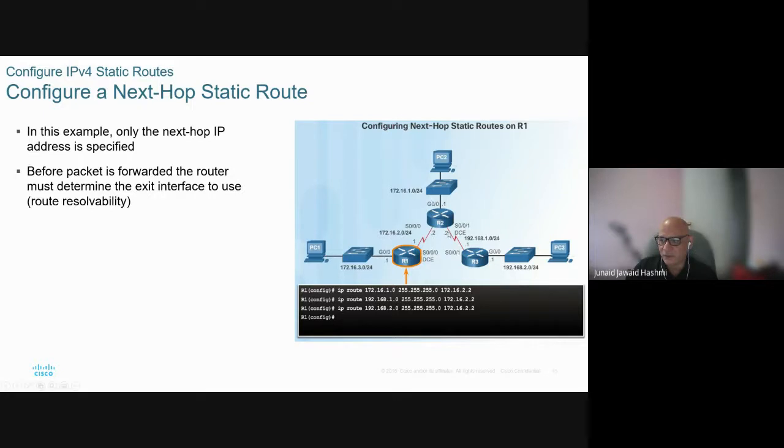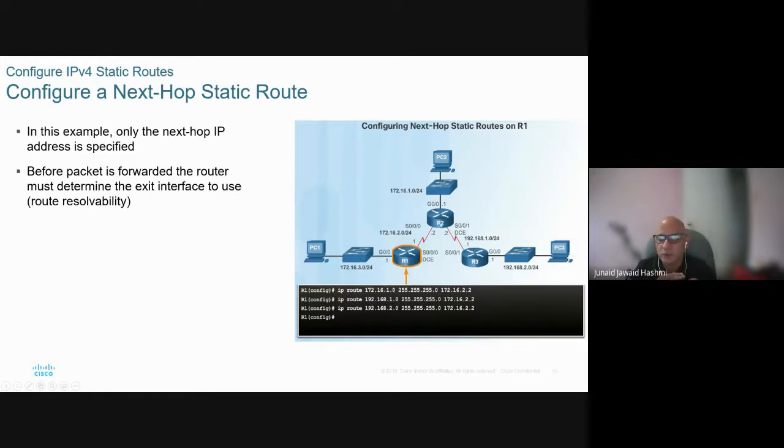interface. So R1 is connected to S000 on R2. And what is the IP address of R2's S000? 172.16.2.2. So the exit interface is 172.16.2.2.